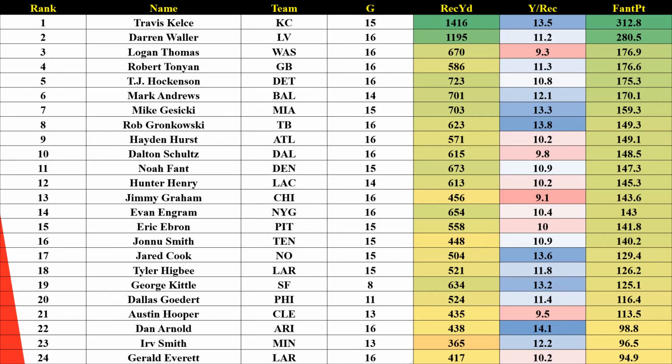This is just a straight rankings at the end of the year, looking at tight ends versus reception yards, yards per reception, and then fantasy points. And then we'll see what the model spits out as far as how the principal component analysis looked at 2020 here. But this is the beginning.